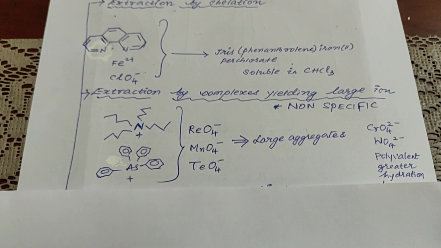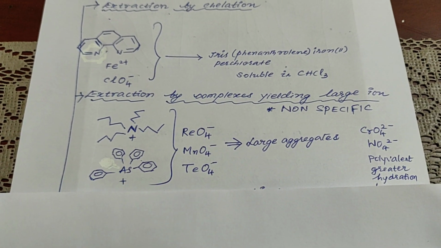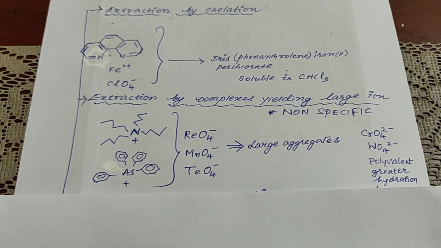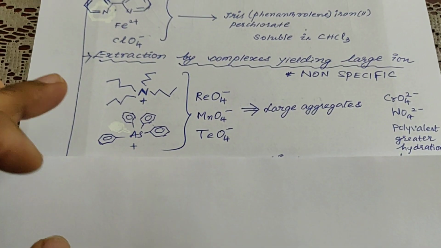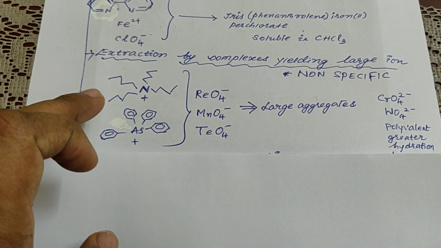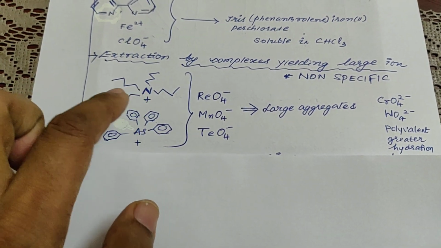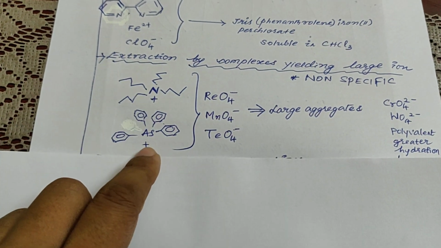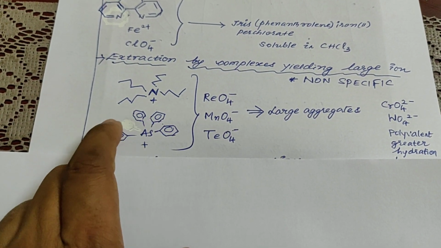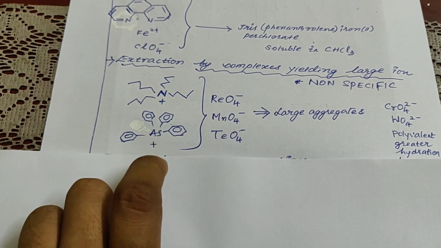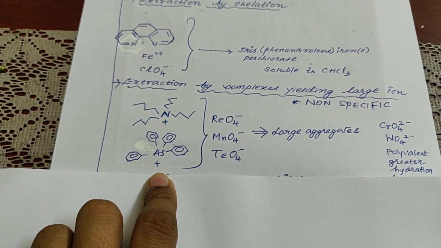Coming to the next method, extraction by complexes yielding larger ions. Let us consider the quaternary butyl ammonium salt, and this is the tetraphenyl arsonium salt.